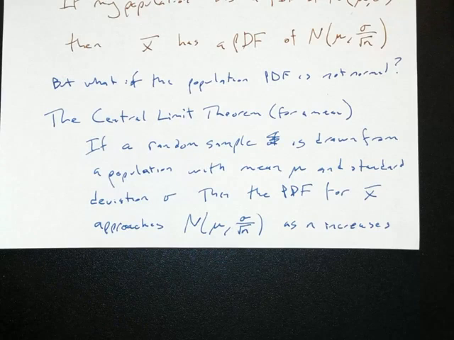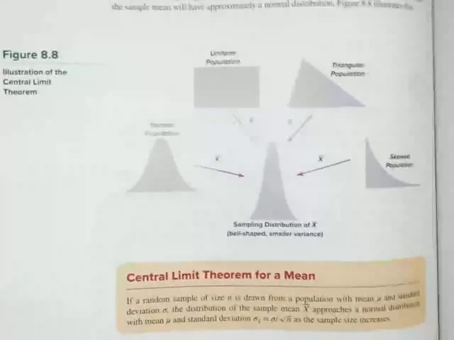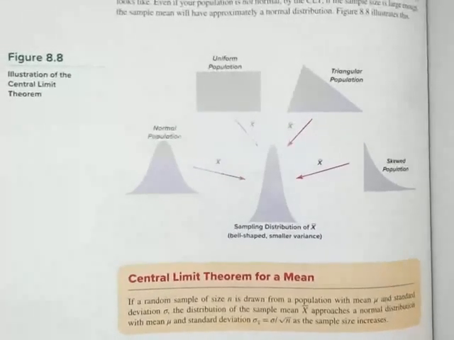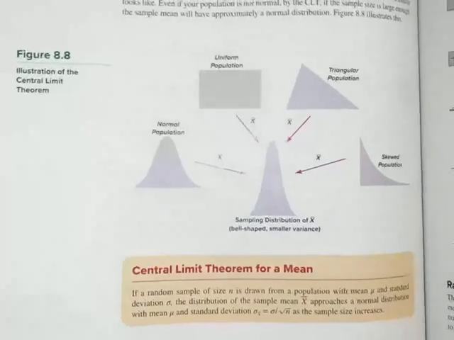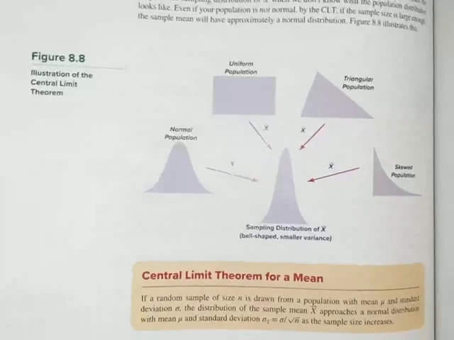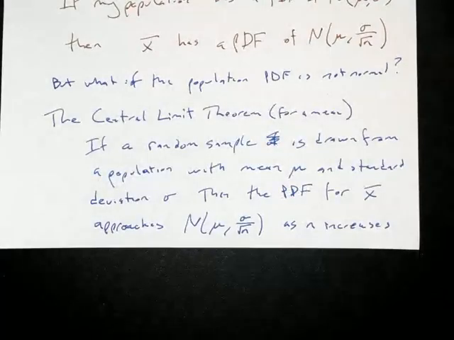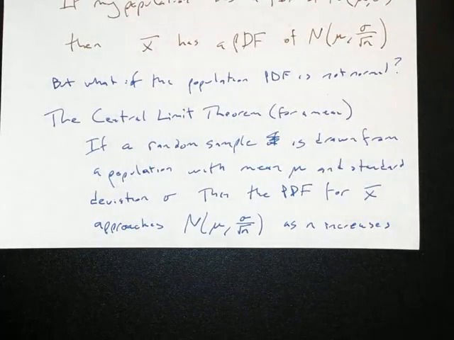Now, I must tell you, the first time I heard this result, I flipped my lid. Said, no way. It doesn't matter what shape the PDF is. The sample is normal every time. I didn't believe it.